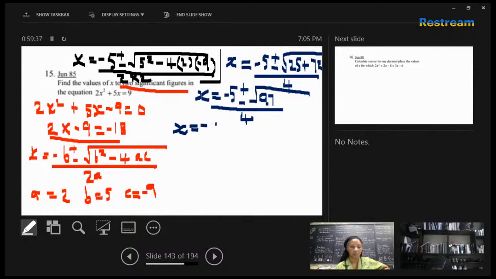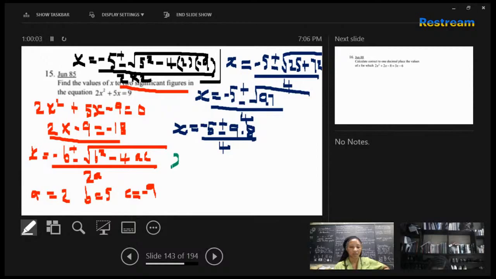And the square root of 97 is 9.8. So we're branching off now. We're going to split it into the plus and the minus.